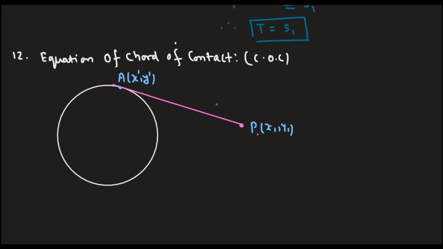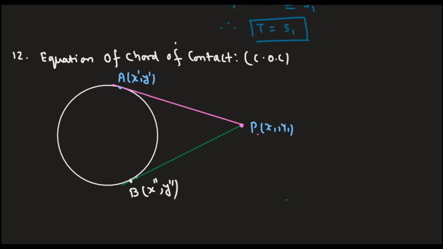Is it okay? Now from this point P I am going to draw one more tangent. So now we get the other tangent, and this tangent is drawn through the point P x1 y1, and it touches the circle at the point B, which is x double dash comma y double dash.